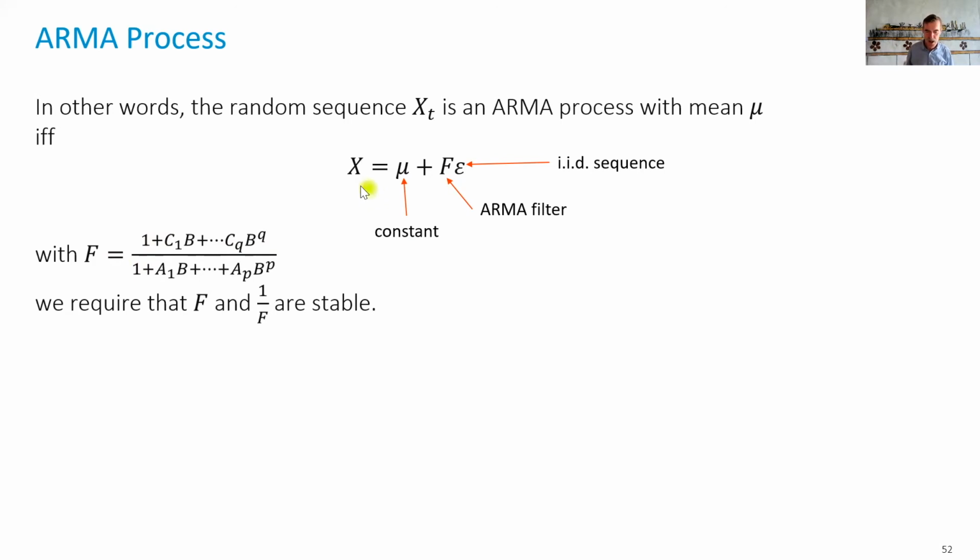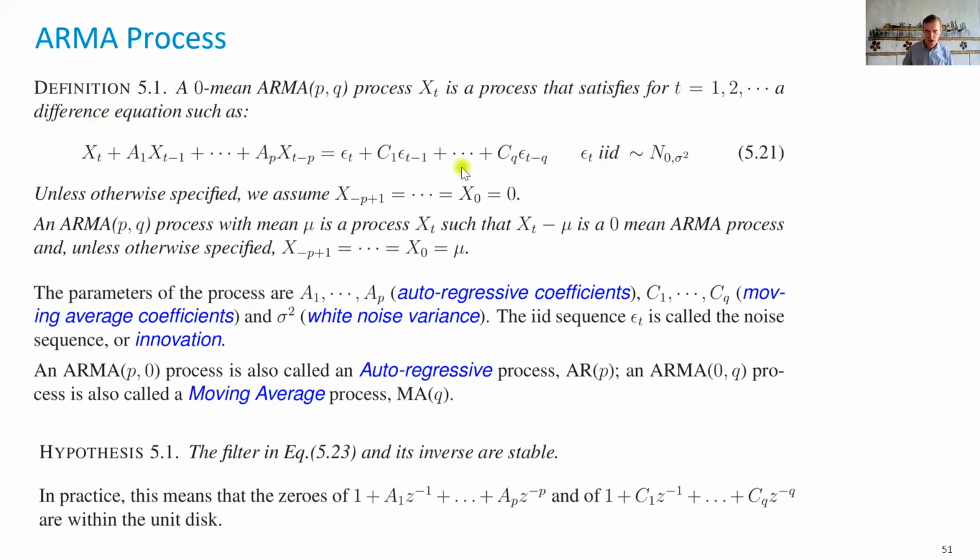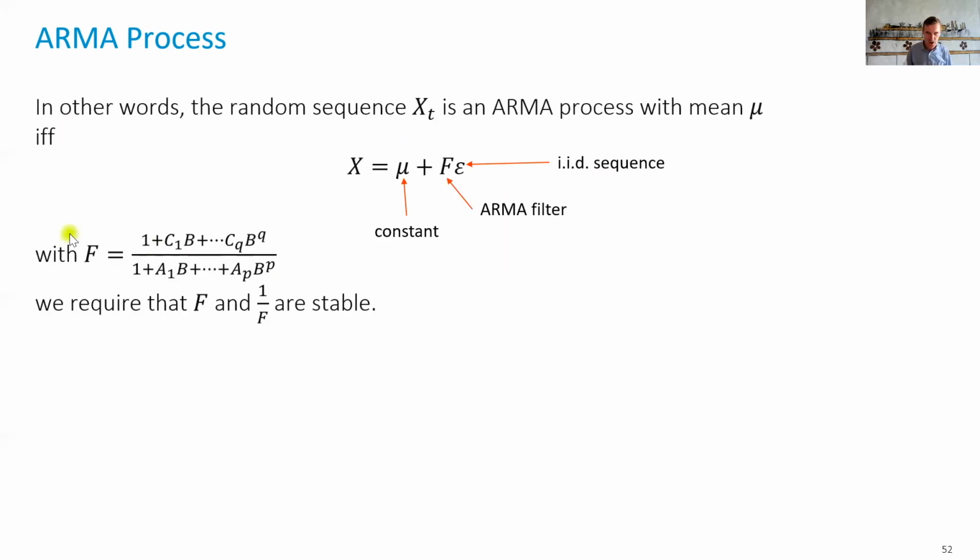The important thing is that if we ignore mu, the constant, the formula we had before is simply saying that x is equal to F epsilon. This formula is here. They say that if I take as input sequence epsilon and output x, these are exactly the equations of an ARMA filter, which is this thing here. Now, if I have a non-zero mean, that means x is equal to a constant plus this notation. So this notation is an object-oriented notation.